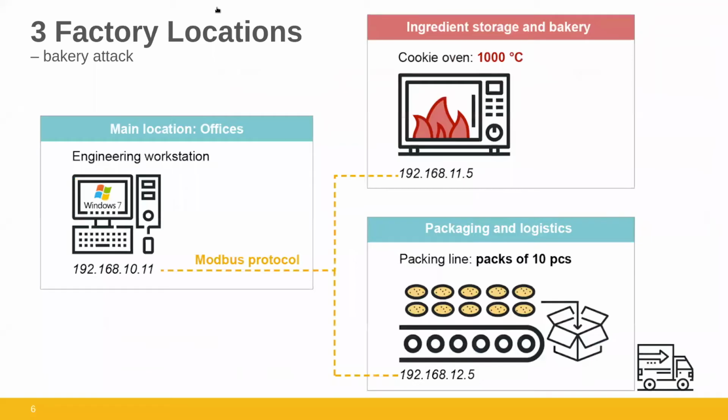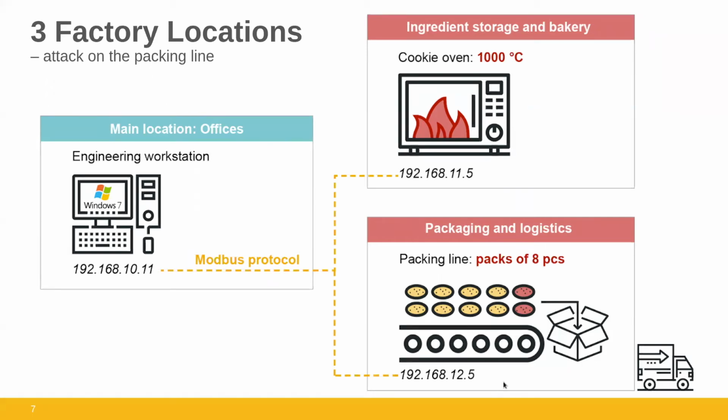So what happened here is that the adversary also got access to the machines at the second location, where there is packaging and logistics. He was able to set different values on the machines that are packaging our cookies, so he was able to change the number of cookies that is put into a single package.